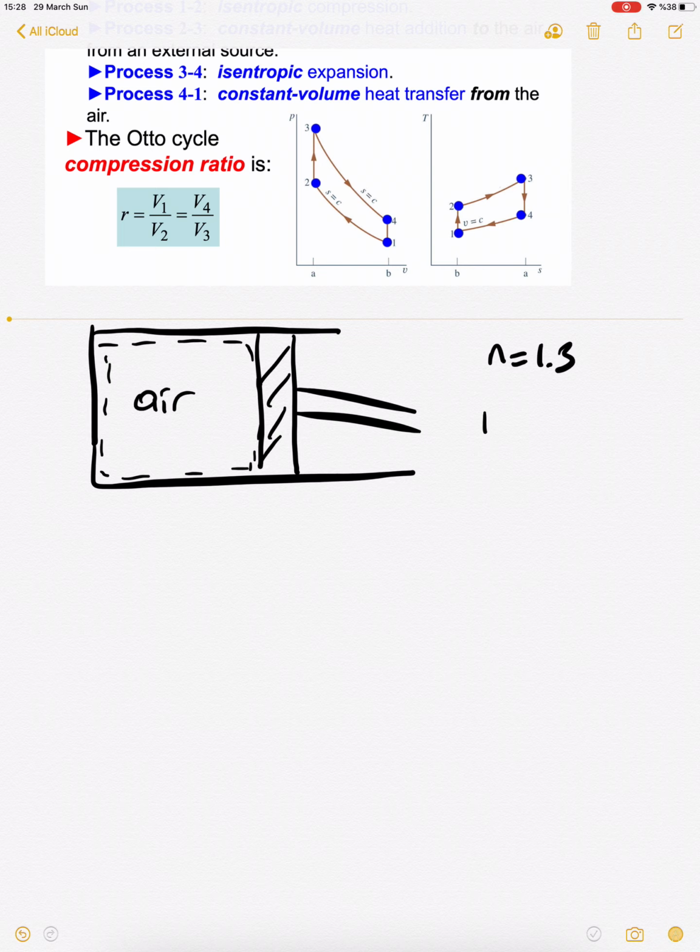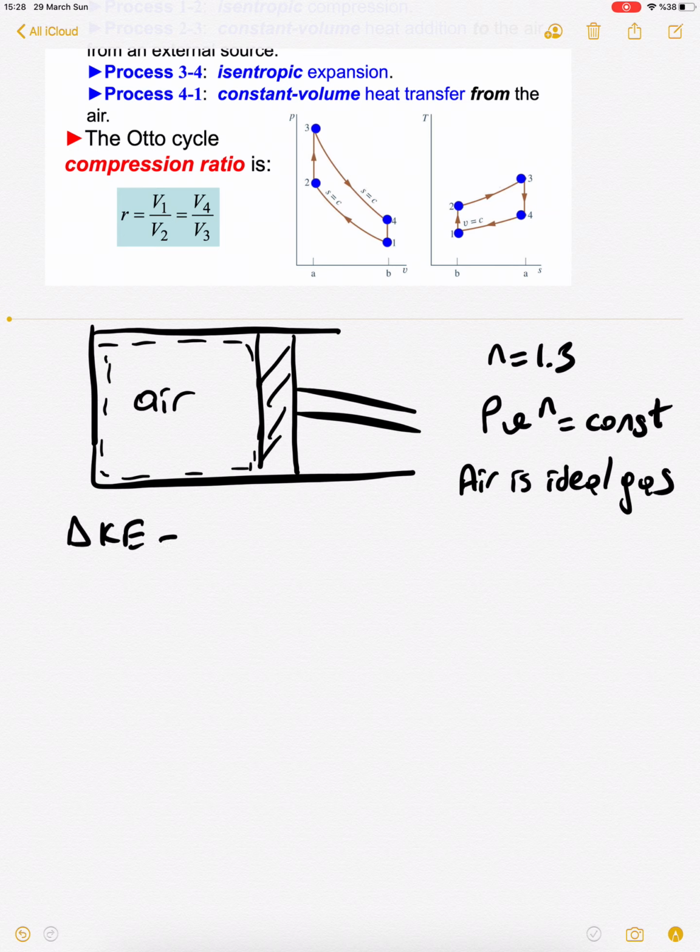So in this case, PV to the n is constant, where n is equal to 1.3. Air is ideal gas, and kinetic energy and potential energy changes are negligible, equal to 0.